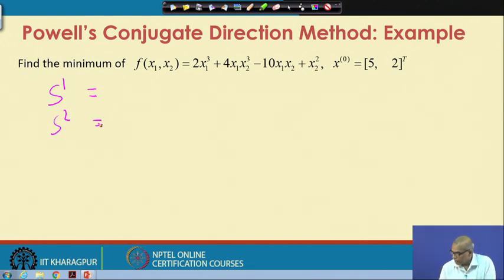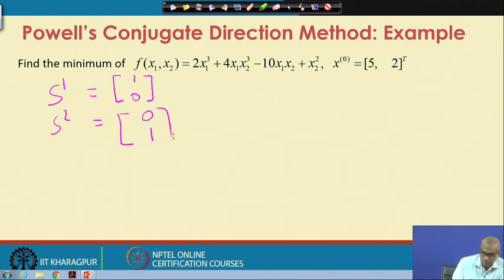We can take S1 as (1, 0) and S2 as (0, 1). Note the function value at x 0 is 314 if you calculate.